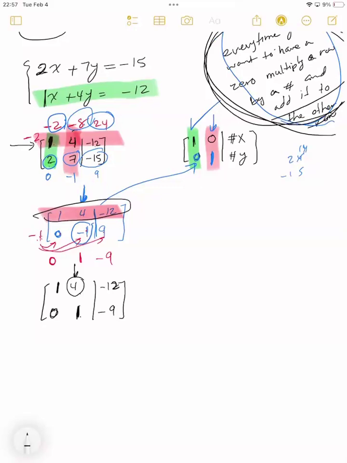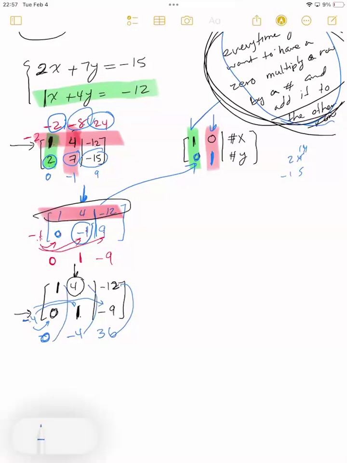I multiply this row, my only other row, by negative 4. Negative 4 times 0 is 0. Negative 4 times 1 is negative 4. Negative 4 times negative 9 is 36. And then I add it to row 1.